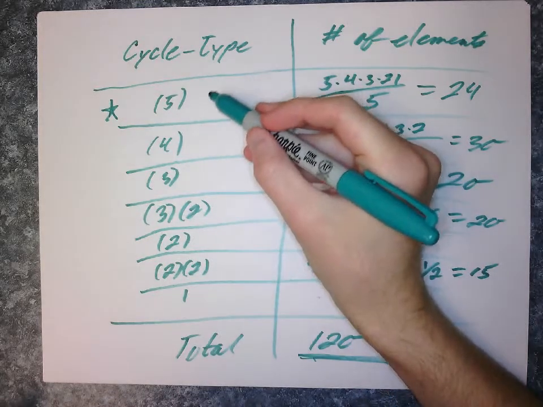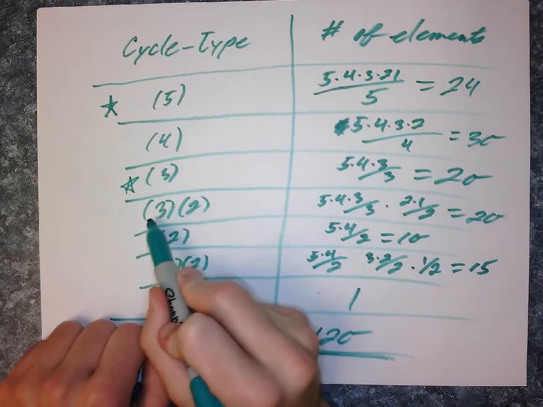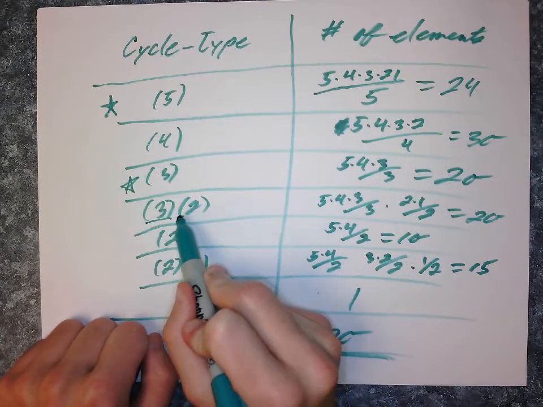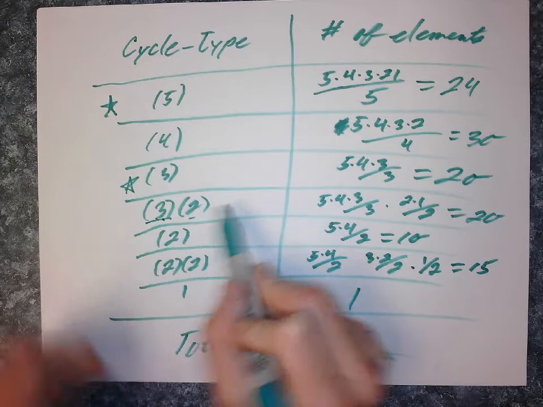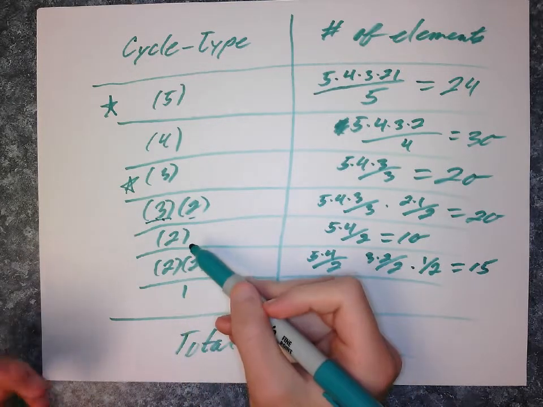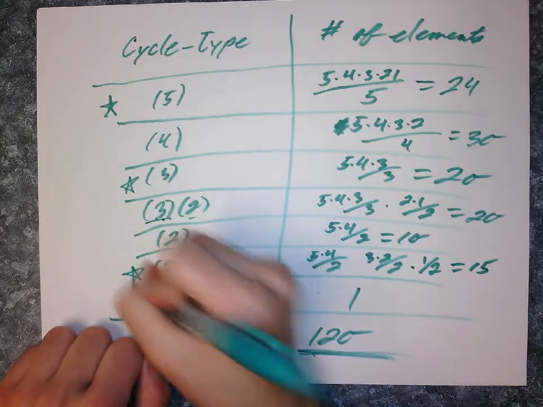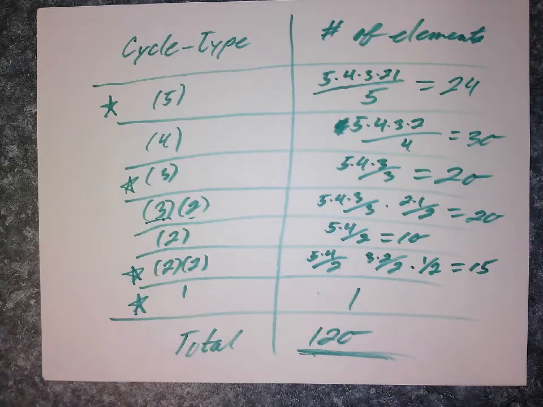So you get 5, and then 4 is not, and then you get 3, and then this one's not because you have an even, and you'll end up getting a 2 2 and then a 2, which is odd, so that doesn't work. This one also doesn't work because it's just an even, so therefore it's odd, if that makes sense. And so then you get 2 2, and then the identity is even.